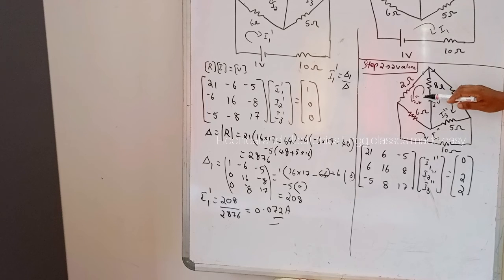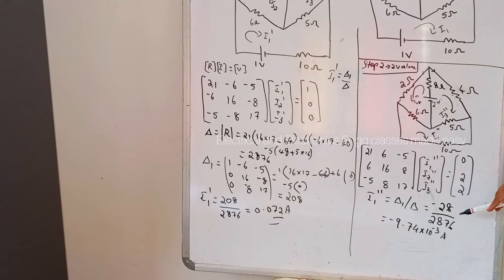In the second loop the current direction and the voltage source are in the same direction, so plus 2. In the third loop also the current direction and this voltage source are in the same direction, so this is plus 2. Now we can find the value of I1 double dash. I1 double dash is equal to delta 1 divided by delta.